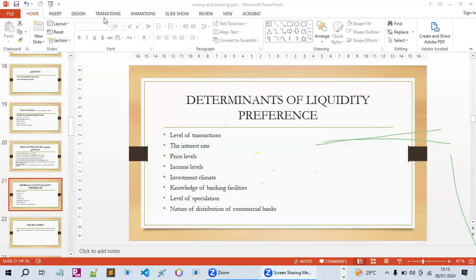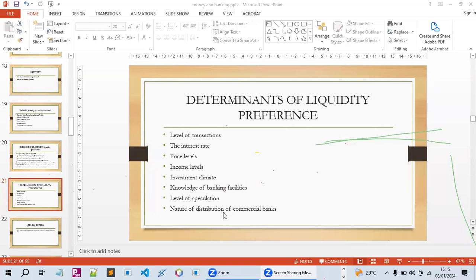For the level of transactions, when there are high levels of transactions by the people, that means when the people are making daily transactions, buying goods that they need for survival, there will be a high demand for money in an economy.